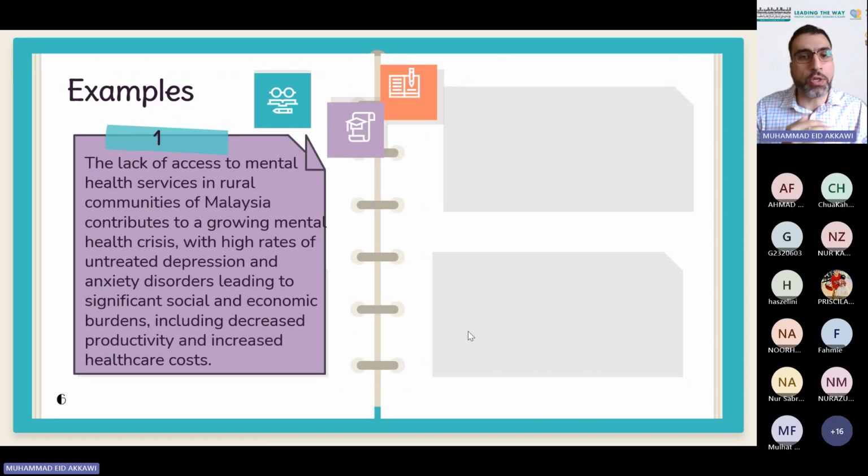So I know from the beginning that they are talking about mental health, and they specify it to be about the accessibility to mental health services, and they also put the target of the research group, which is people living in rural areas in Malaysia.